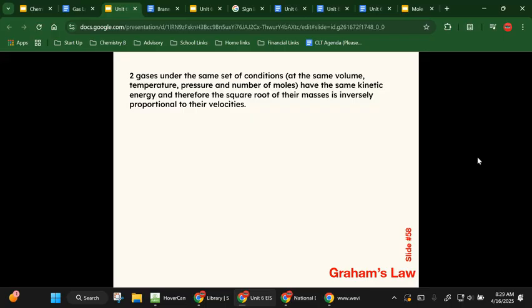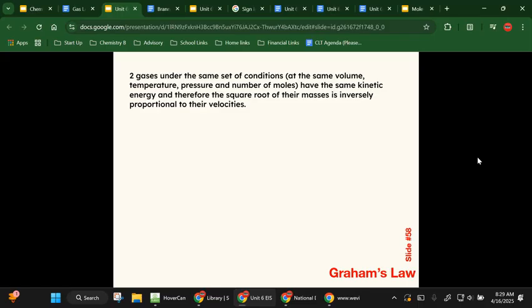Because they're at the same temperature. Temperature is kinetic energy. Right? And therefore, the square root of their masses is inversely proportional to their velocities. Holy crap, that's a lot of stuff.